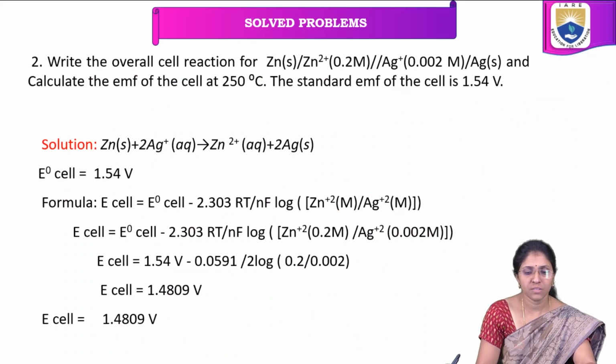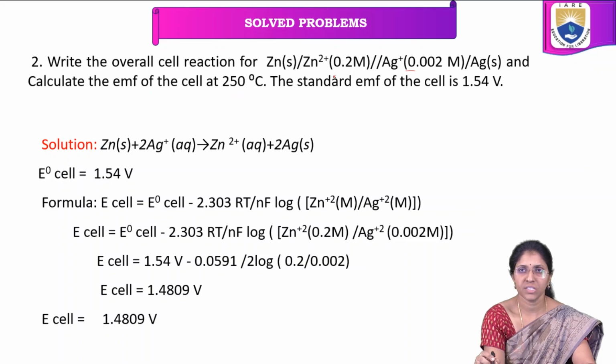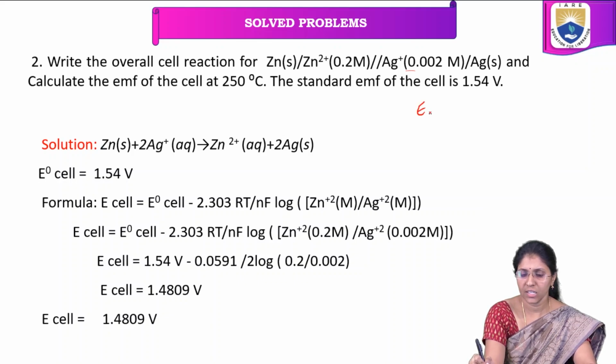So next problem is: write the overall cell reaction for zinc in Zn2+ 0.2 molar and Ag+ in Ag, and calculate the EMF of the cell at 25 degrees centigrade. The standard EMF of the cell, E naught, is 1.54 volts.